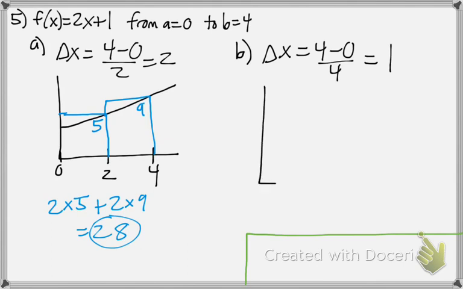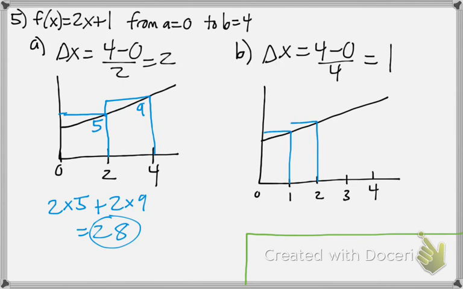If I draw my picture, 0, 1, 2, 3, and 4, and do my right rectangles, the heights of each of these are 3, 5, 7, and 9.